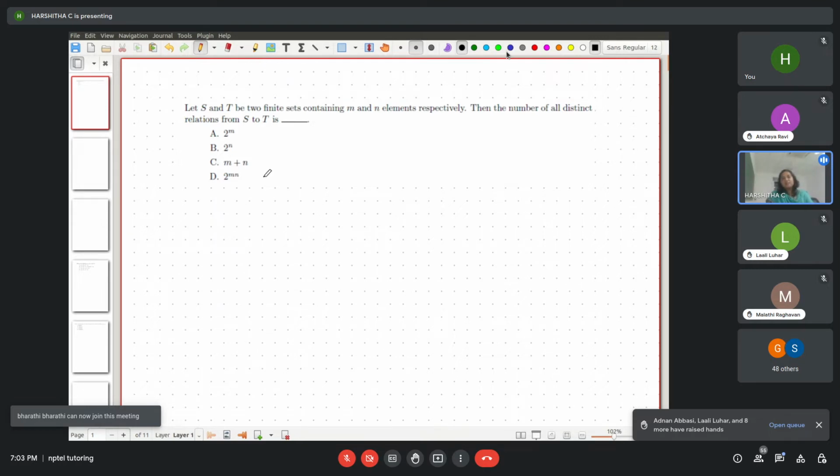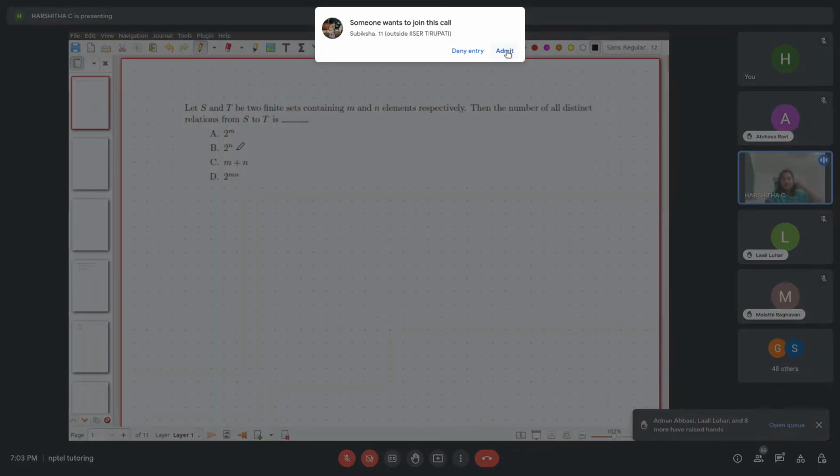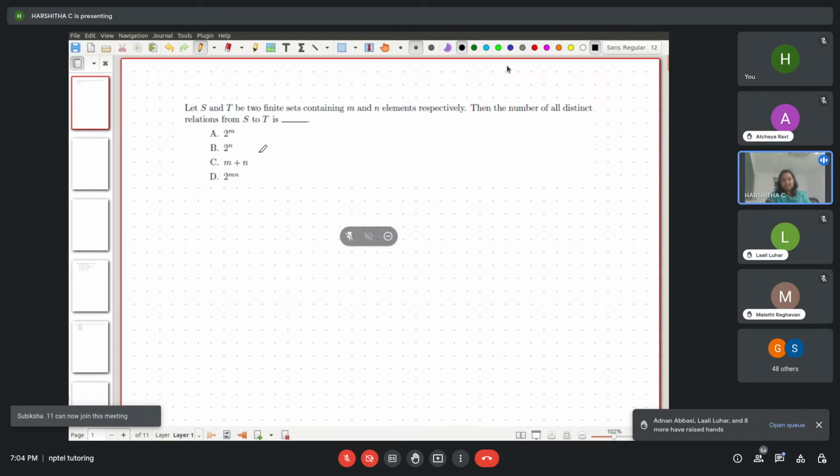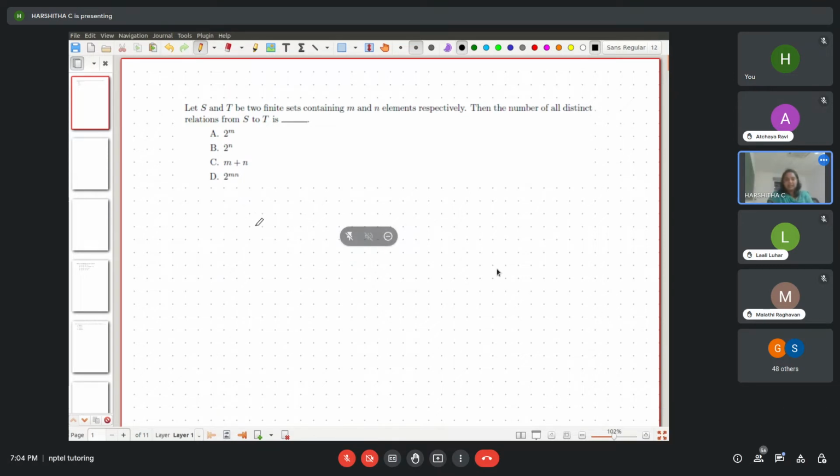Okay, so we will start with this question. Let S and T be two finite sets containing M and N elements respectively. You want to find the number of all distinct relations from S to T. Let's recall the basic concepts that you need. S and T are finite sets.